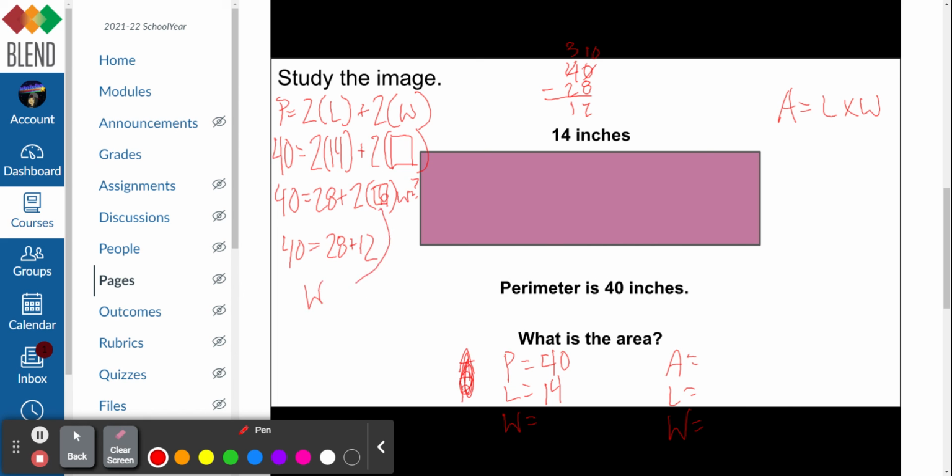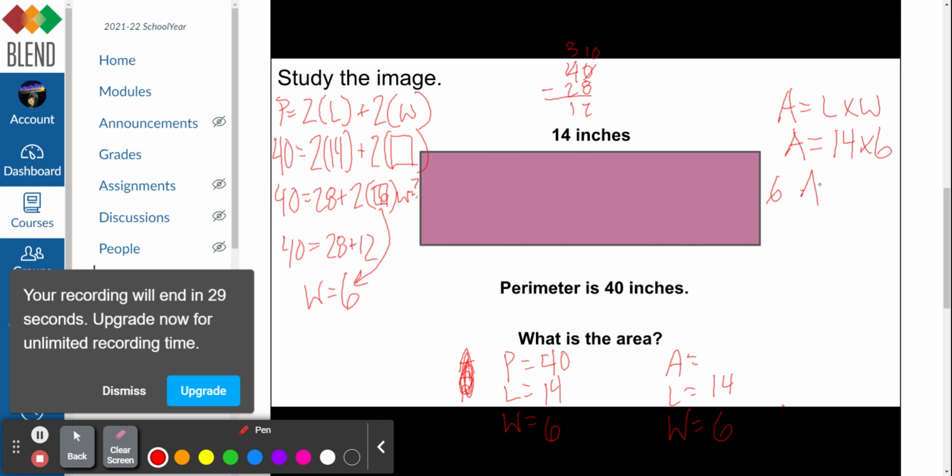So our width equals what's in the box. Our width equals 6. So now that we know our length and our width, we can plug them into this formula. Area equals 14 times 6. All right, and area equals 60 plus 24 is 84, so square inches.